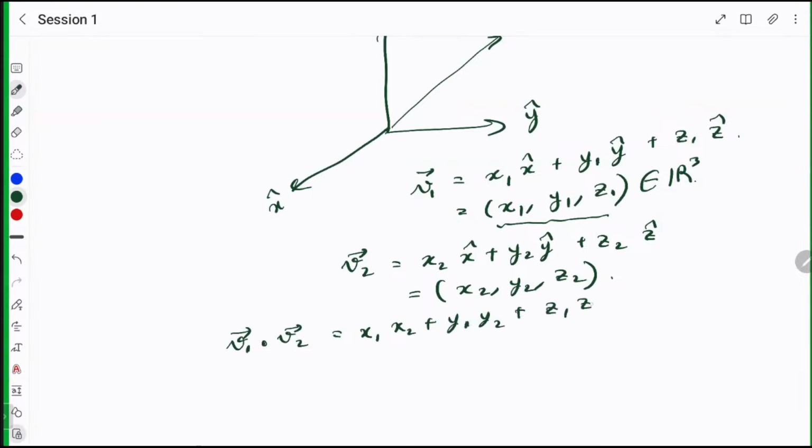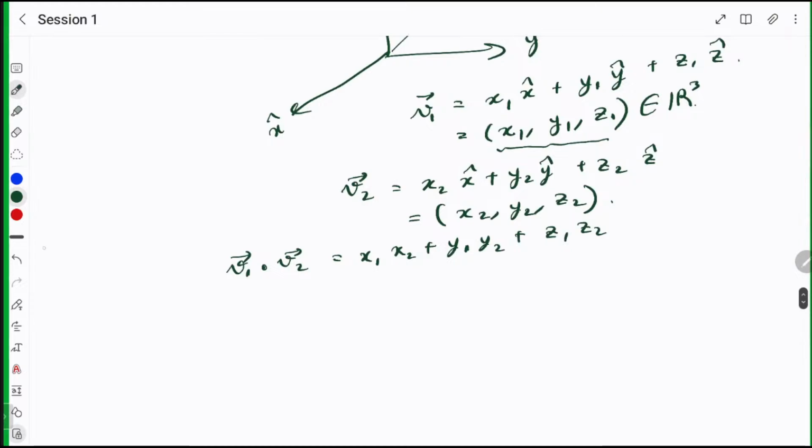Okay. So this is the dot product in this space. Another thing that we can do, given two vectors v1 and v2, is that we can take the linear combination.